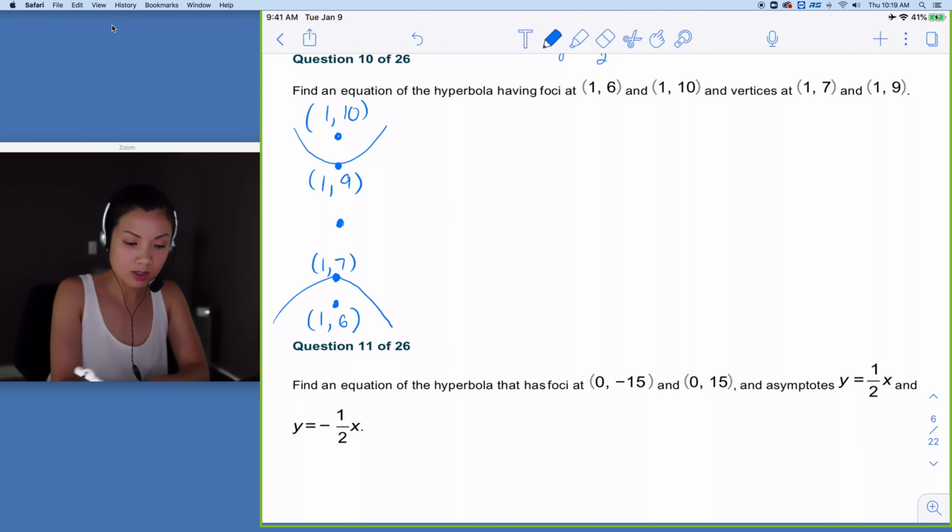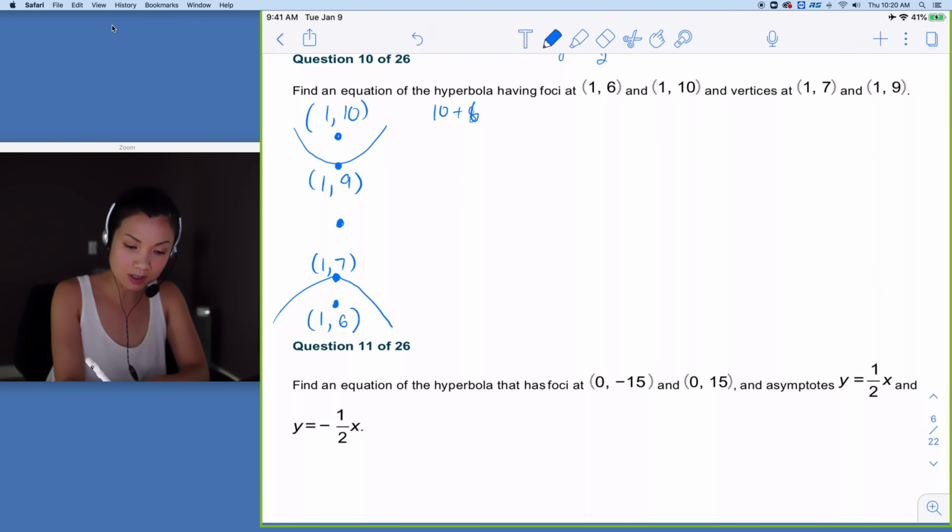The center is going to be the midpoint of the two foci. You see that the x-coordinate doesn't change. So we know that h is going to be 1. And then for k, all we have to do is take 10 plus 6 and divide by 2.